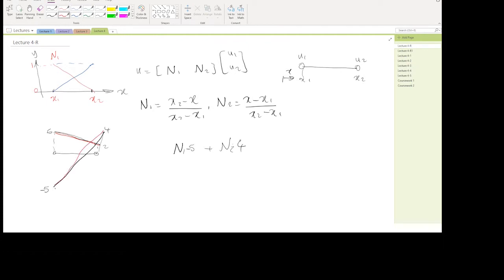And you can do this pretty much for any displacement field, as long as the displacement field is varying in a linear way.